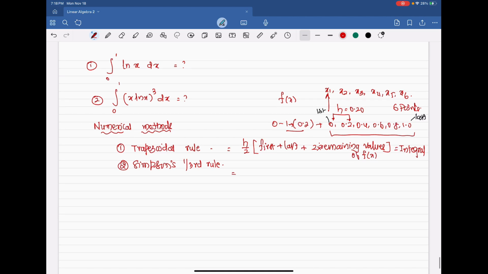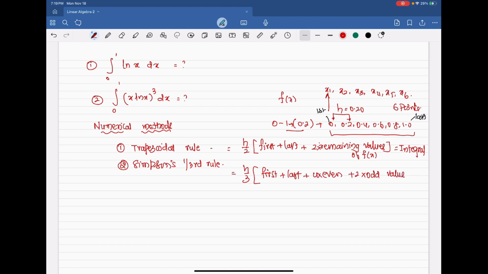What does Simpson's rule say? Simpson's 1/3 rule. Simpson's two rules are there. I am talking about the 1/3 rule. h by 3 into first plus last. First plus last is the same in both the cases, plus 4 into even plus 2 into odd values of the function.